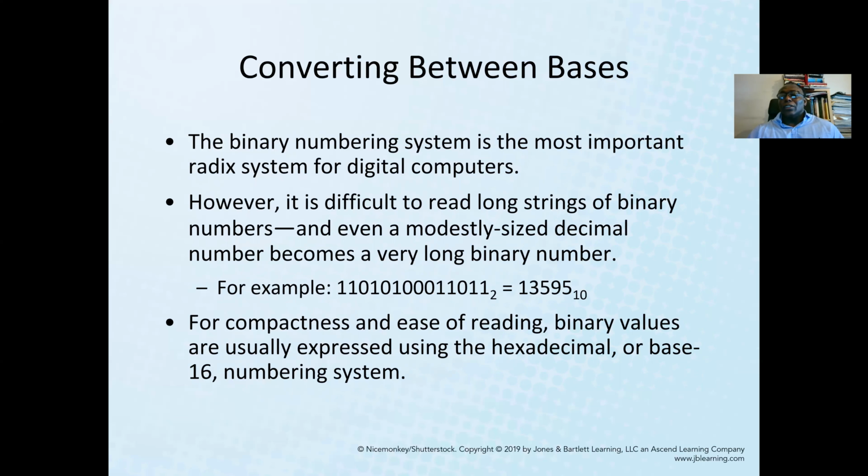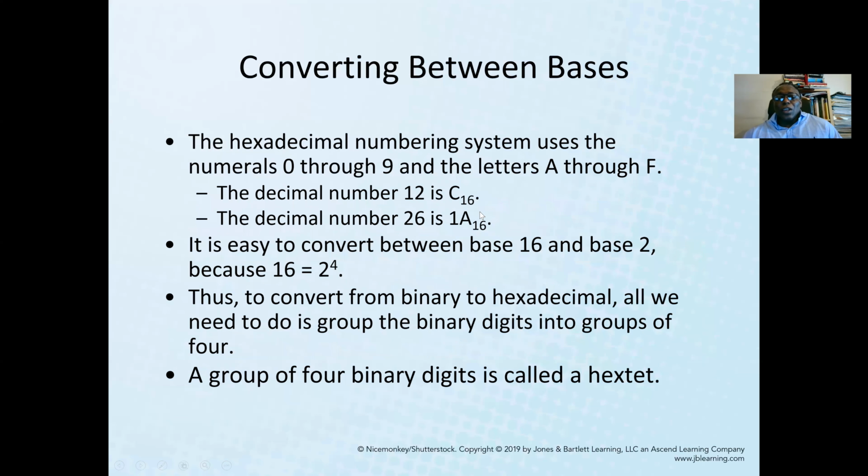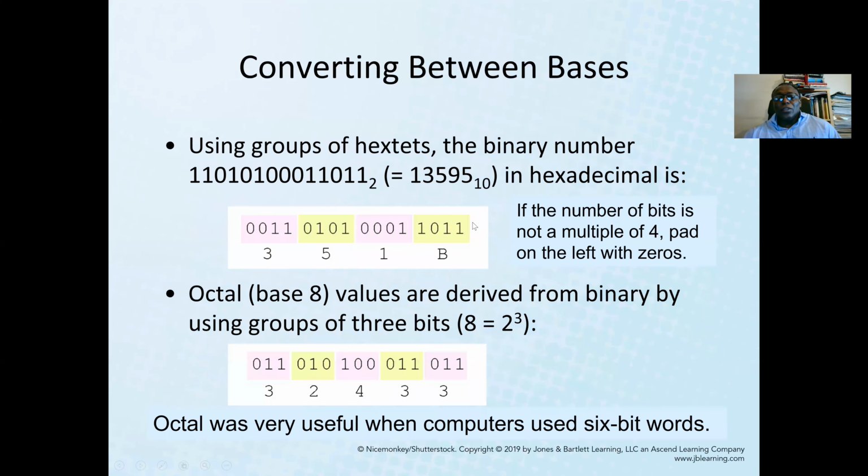Again, we know the digits can be represented: 0000 is 0, 0001 is 1, 0010 is 2, 0011 is 3, 0100 is 4, and we keep going to the end. So we will see an example here for a second.